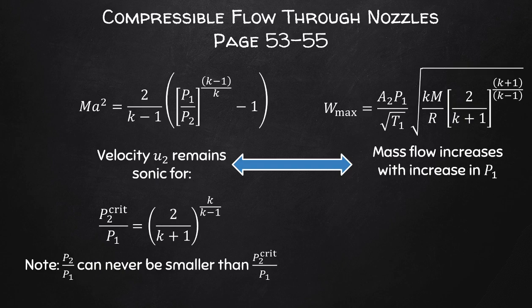One consequence of converging nozzles that might not have been clear at first glance is that mass flow rate would increase with an increase in the upstream pressure P1, and under the same conditions velocities will remain sonic in this case. So this is why it is possible to measure the mass flow rate, because the velocities remain sonic.